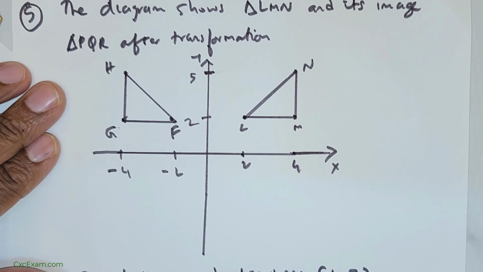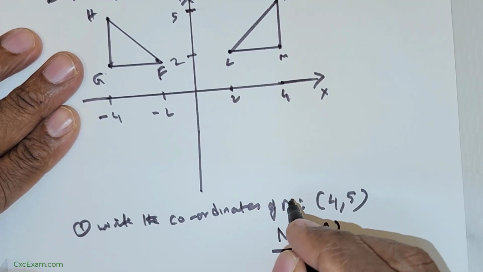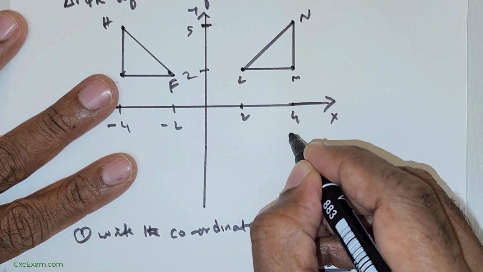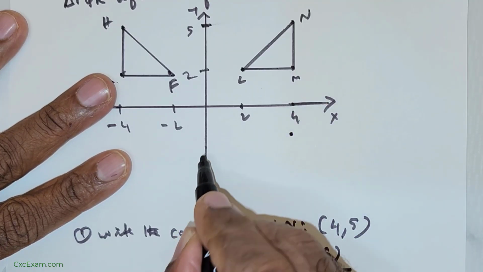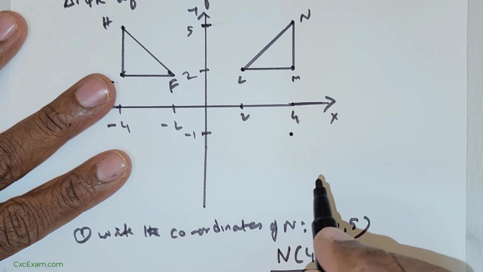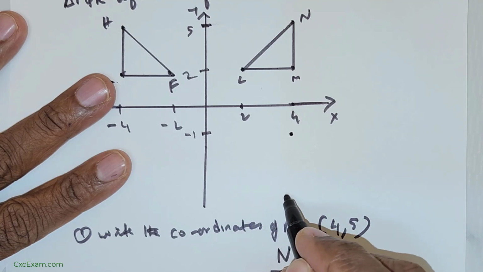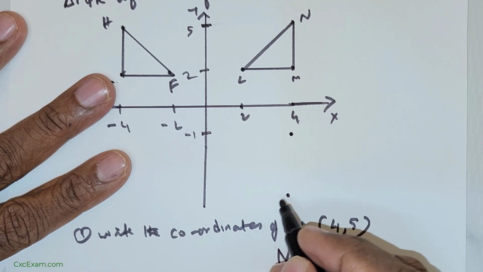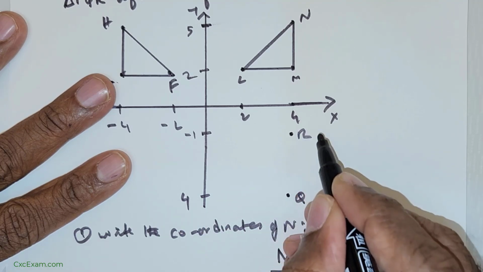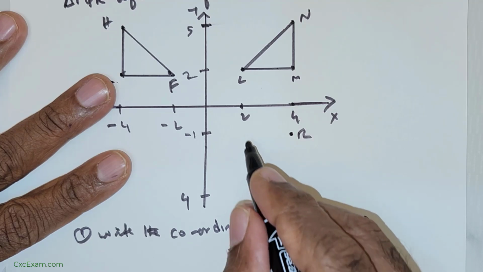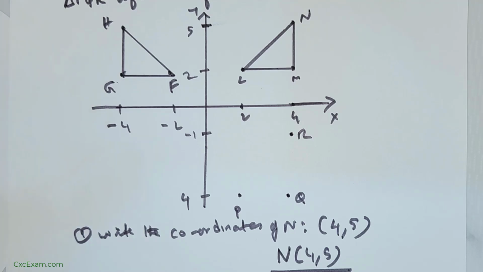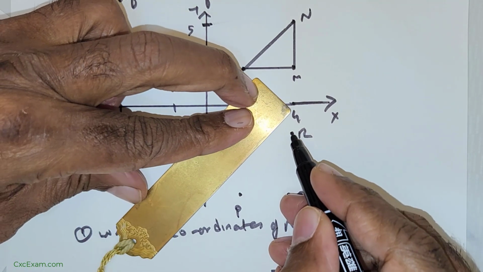Okay, so along this you have R. The point here is -1, and it goes all the way to Q, which is 4. So this is Q, this is R, and you have P there. So this is how the figure has been given.